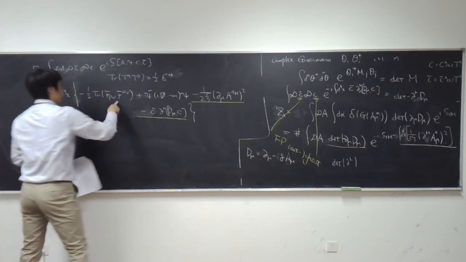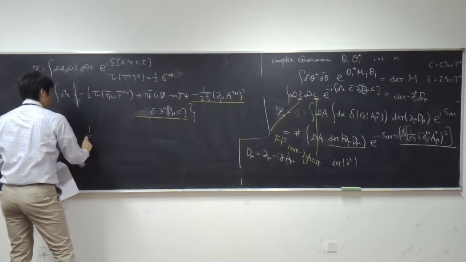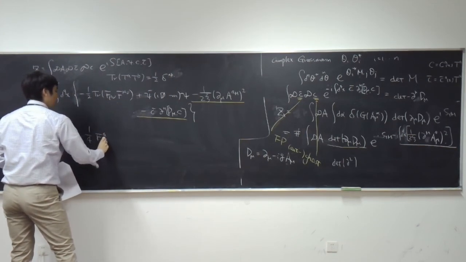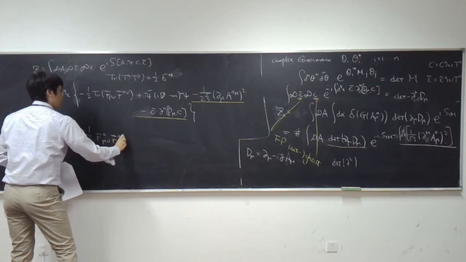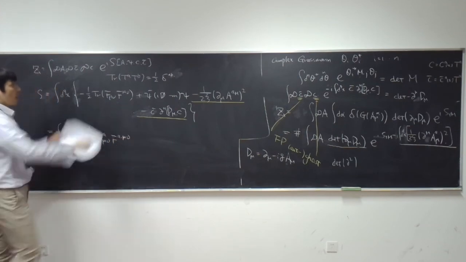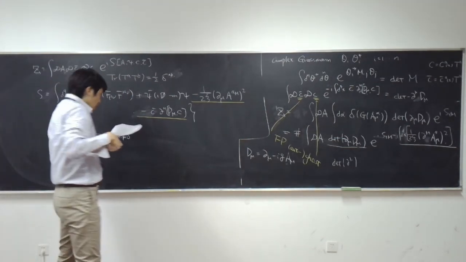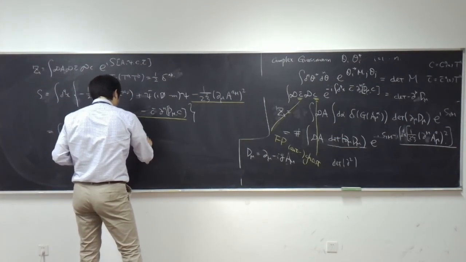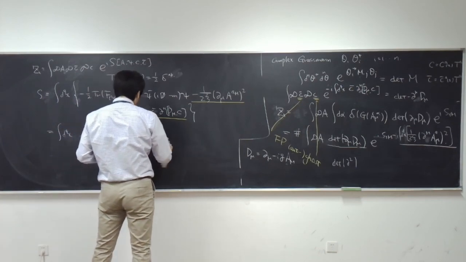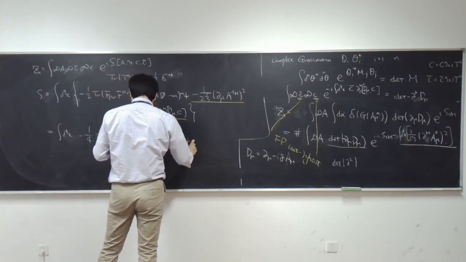Therefore, this can be written as follows: minus 1/4 F^a mu nu F^a mu nu. So the 1/2 will give 1/4. And then psi bar (i slash D minus m) psi.